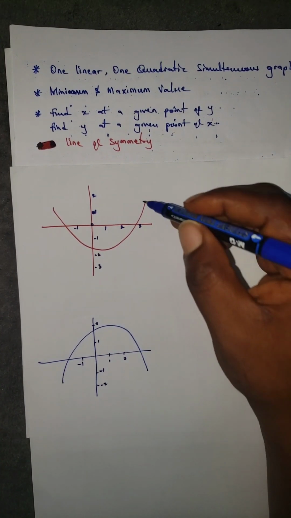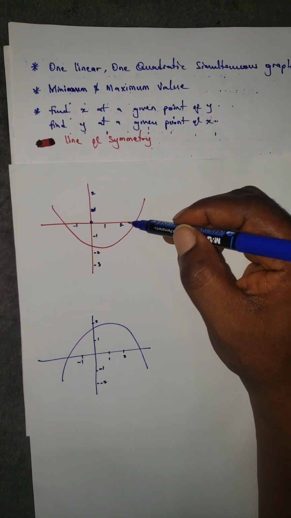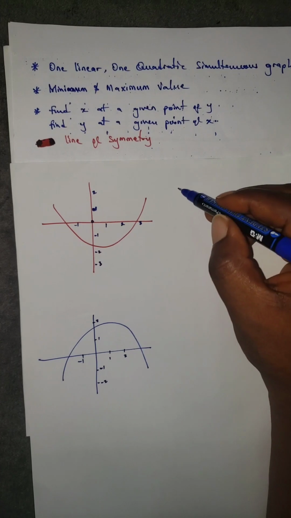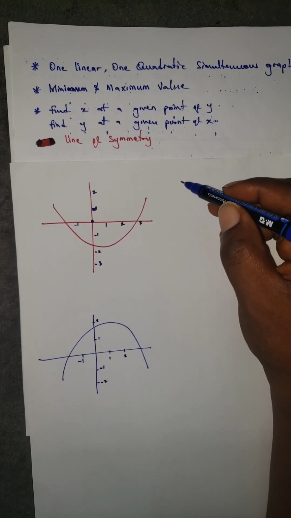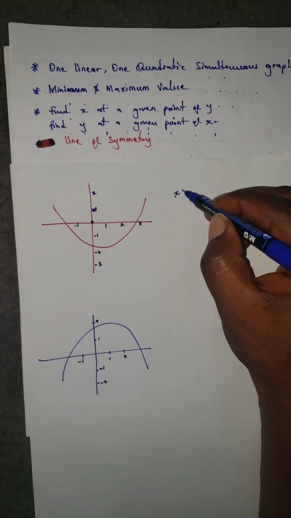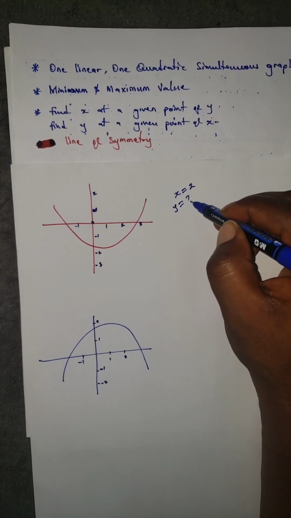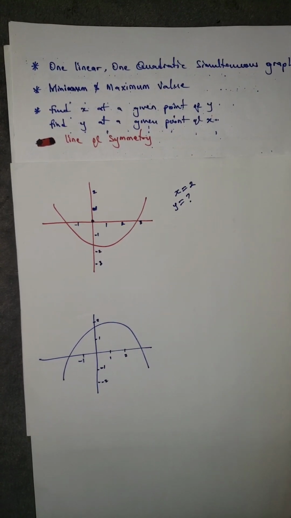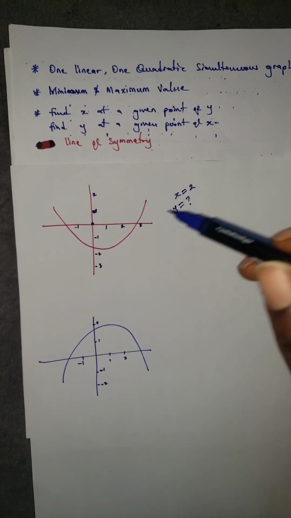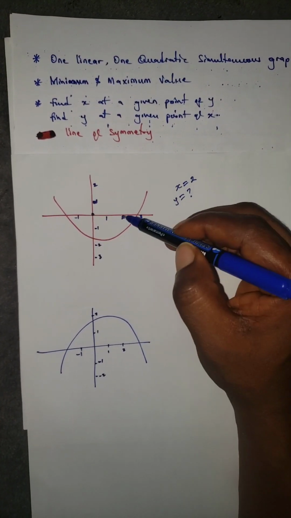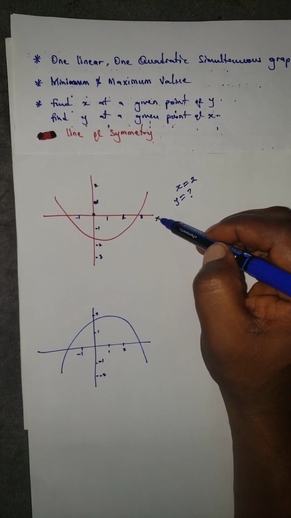Okay, now how do we get the value of y at a given point of s? Let's assume that we are given s as 2 and asked to find the value of y. What are we going to do? That one is very simple. All you need to do is go to s equals to 2. Of course, this is your s value.